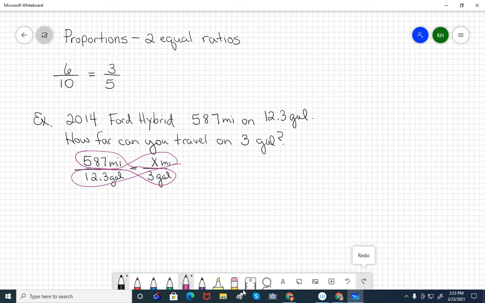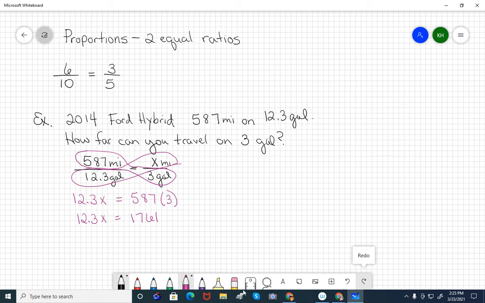In this case, we would have 12.3 times x has to equal 587 times 3. So I have 12.3 times x. If I use my calculator, 587 times 3 is 1,761.